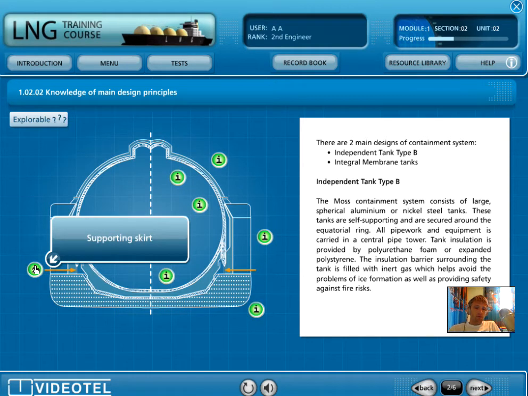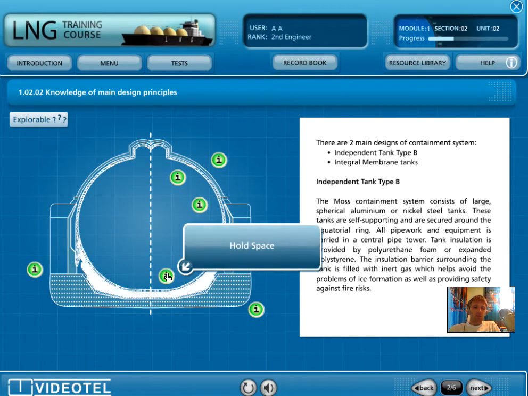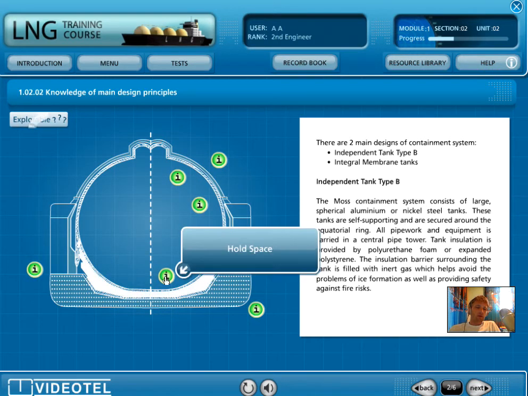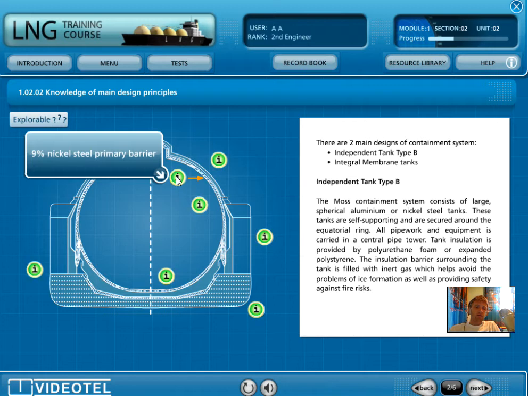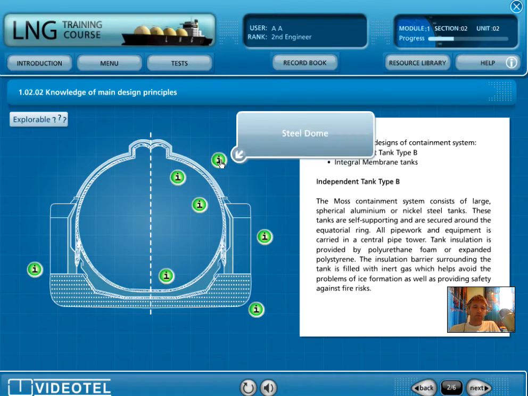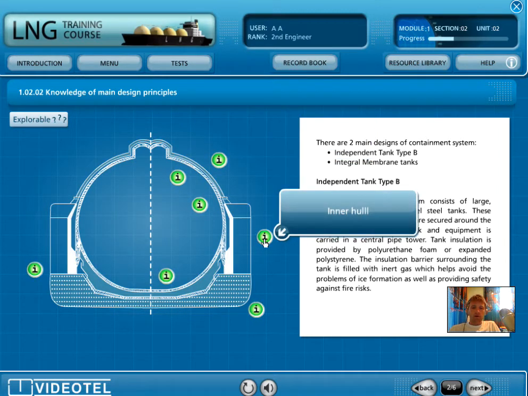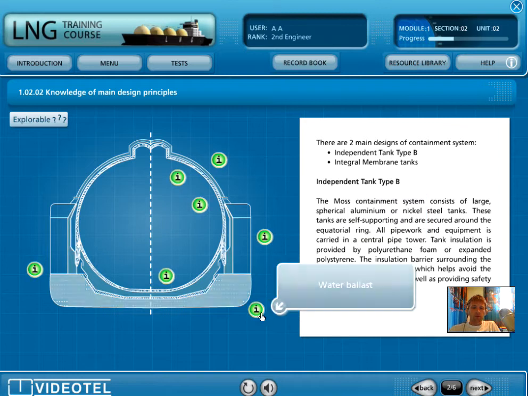We have a supporting skirt here, the hold space, the polyurethane insulation, the 9% nickel steel primary barrier, steel dome, and also the inner hull, which is here, and water ballast down here.